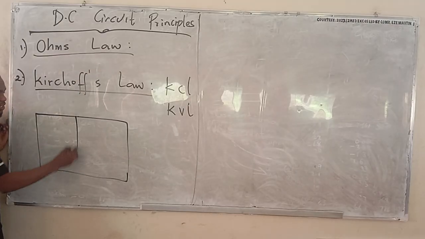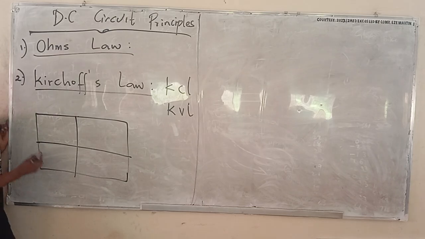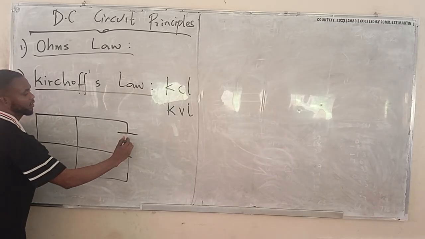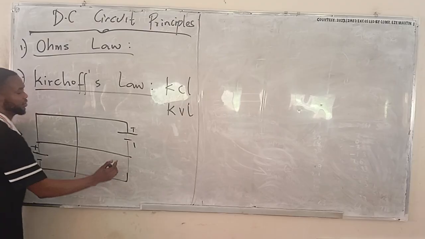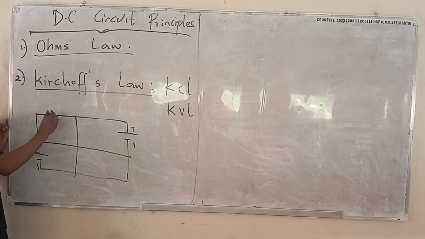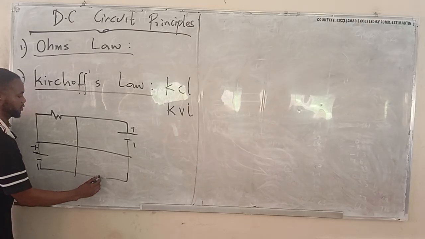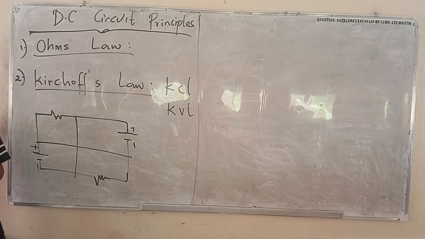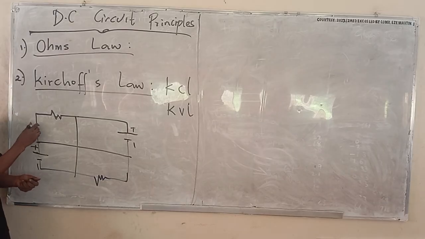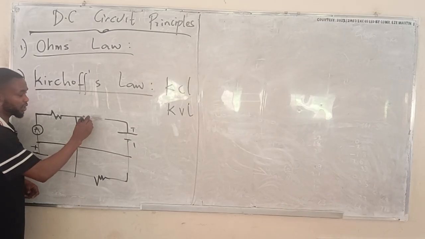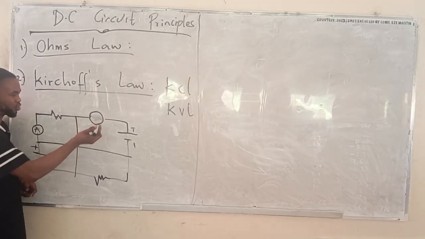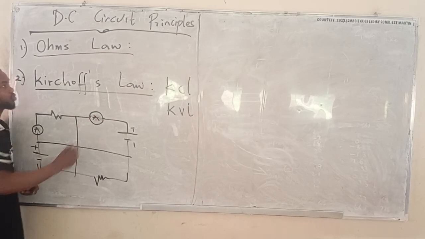He said that if you have a circuit that has more than one voltage, plus minus, and you have maybe more than one resistor, his law is saying that the current, let's say this is current A, once it's more than one, automatically it's not just Ohm's law you are looking at.